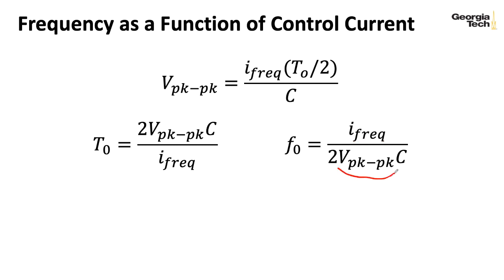All other things being equal, if we make the peak-to-peak voltage range that we need to traverse larger, it takes us longer to traverse that range, and hence the period is longer, and so the frequency is lower. And all other things being equal, if we increase the capacitance, it means that we need to shove more current into the capacitor in order to get an equivalent voltage change, which will also lengthen the period and give us a lower frequency.